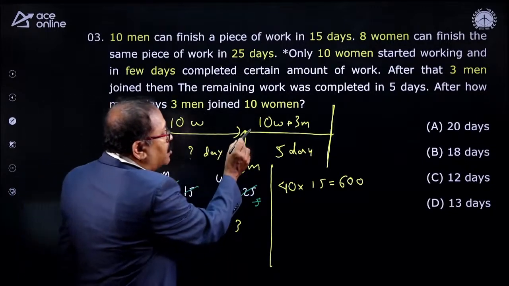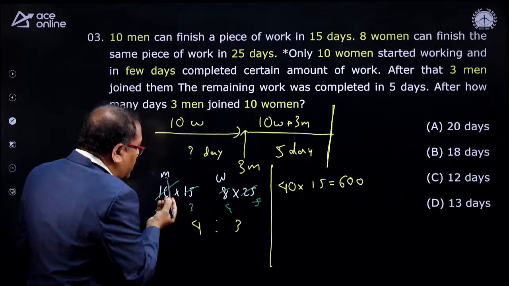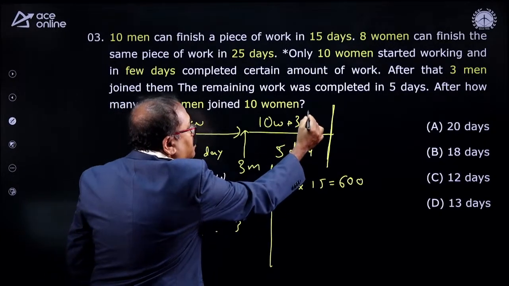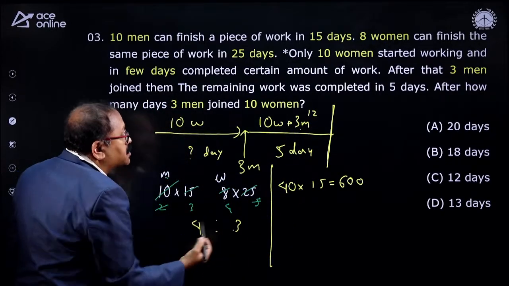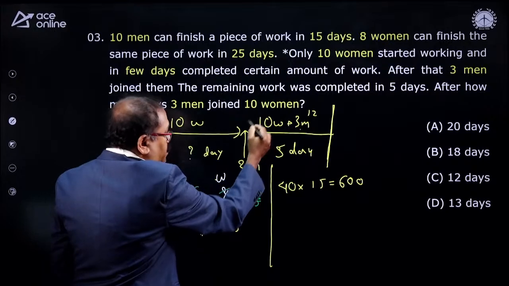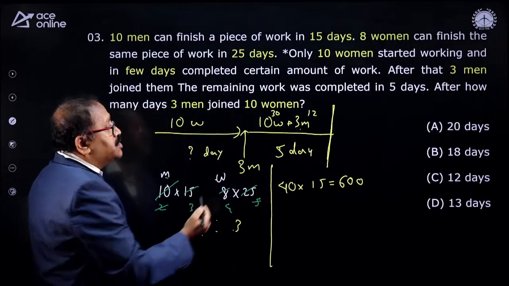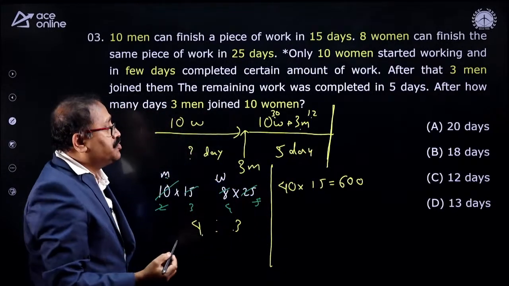In this total work, how much work is completed in these 5 days? 1 man has 4 efficiency. How many men? 3 men. So, 3 times 4 is 12. And then 1 woman has 3 efficiency, so 10 women will have 10 into 3, that is 30. So what is the total efficiency? 30 plus 12 is 42.